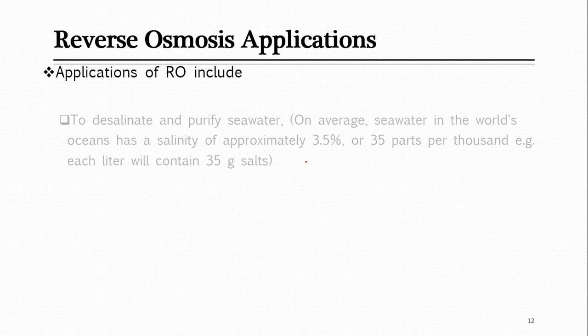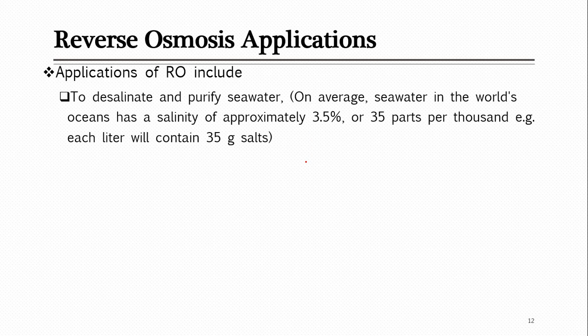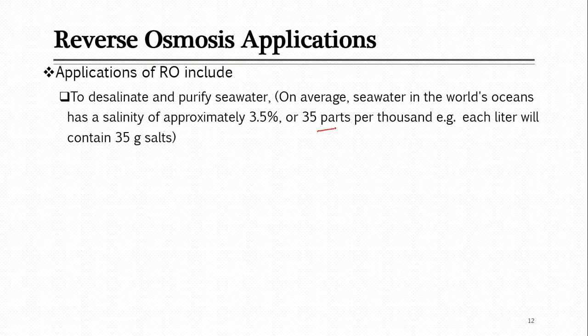And most of the time RO, or reverse osmosis systems, are used for cleaning of water. Here we have studied different types of water. Seawater contains a very high amount of solute, even 3.5% or 35,000 ppm.